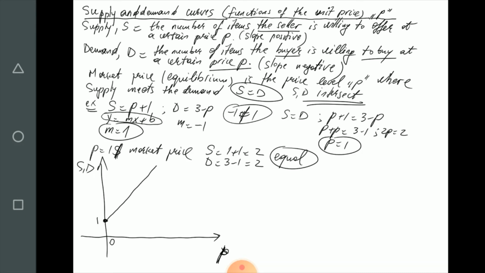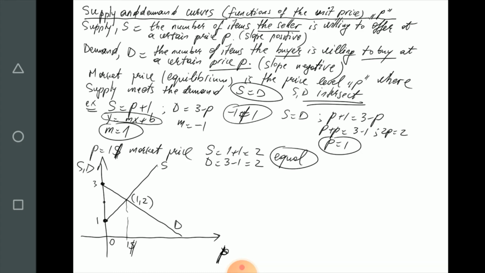That's the supply line. And for the demand, if P is 0, the demand is 3, and the slope is -1. So that's going to be the demand line. The intersection point is 1 and 2 in my case. So that's the market price, $1, when the supply meets the demand.